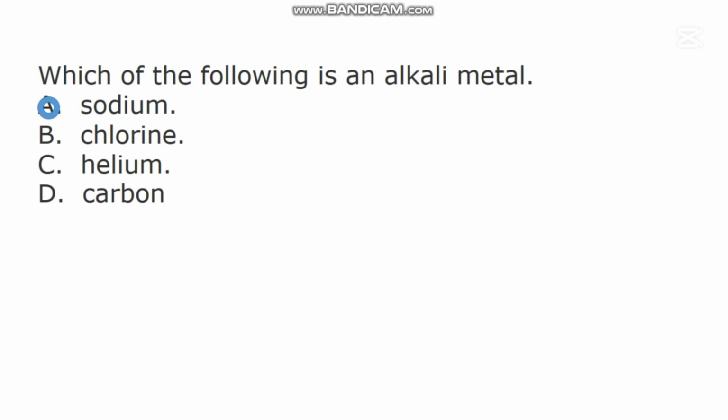Sodium is one of the alkali metals. Alkali metal is an element that belongs to group 1 in the periodic table. The group 1 elements can dissolve in cold water to generate alkalis.